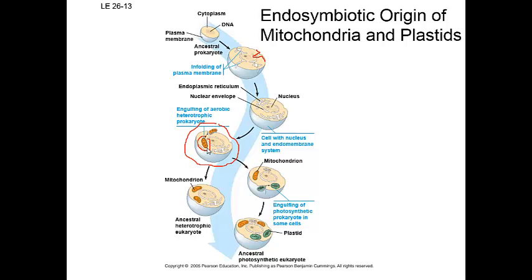The small cell benefited from the large cell because it was given a constant supply of food. The relationship between these two cells was so beneficial that the smaller cells became permanent inhabitants within the larger cell. You can also see how the first membrane-bound organelles could have formed.